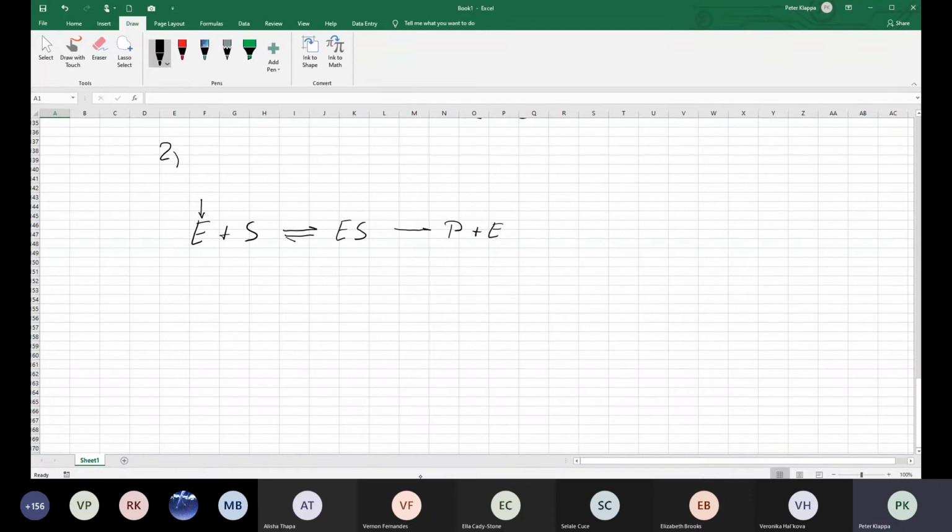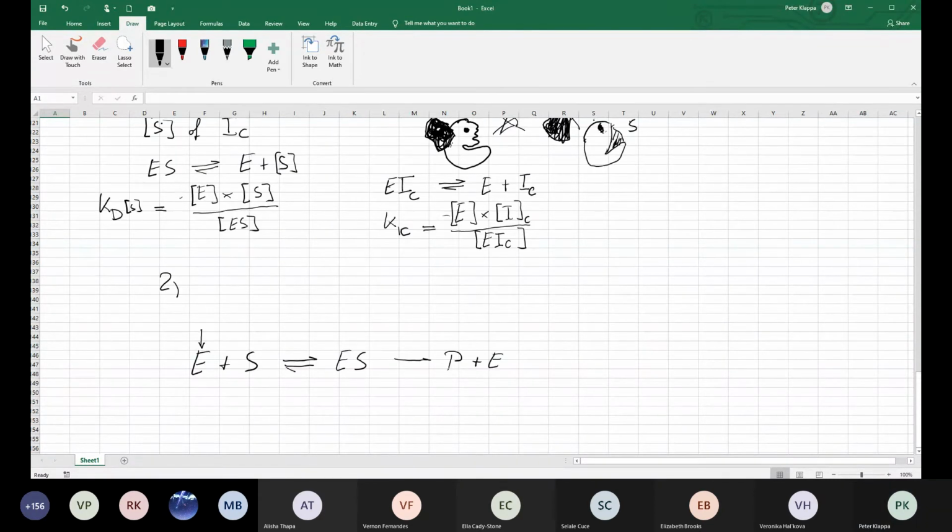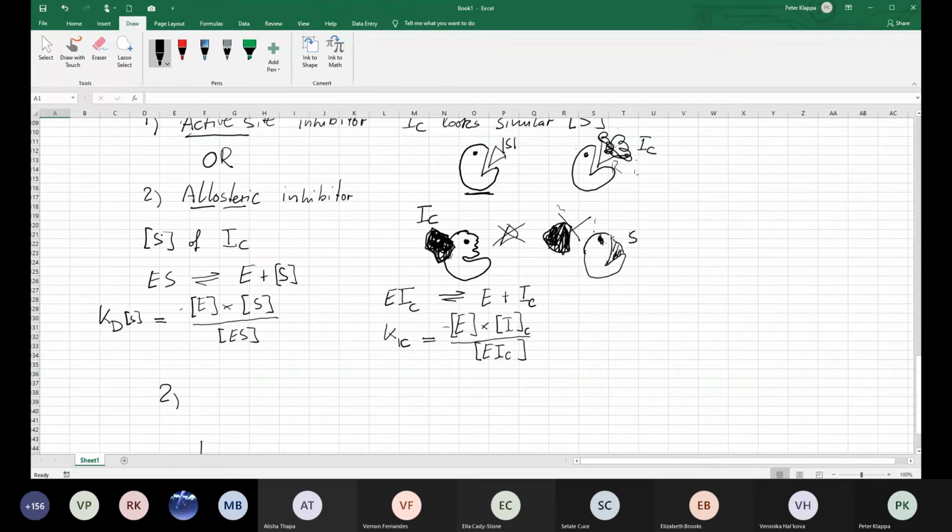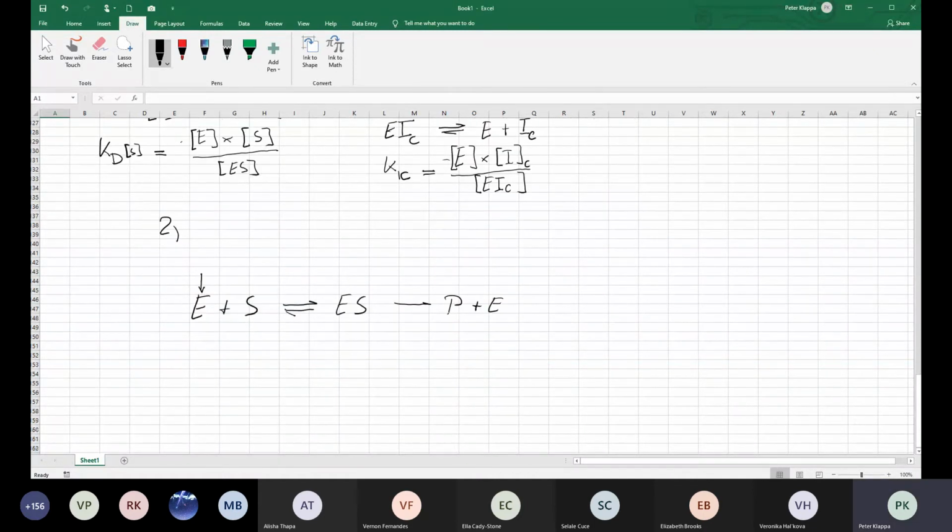Where else could the inhibitor bind? Substrate and product are exempt. Yes, absolutely right. Both of you are right. The inhibitor can bind exclusively to the enzyme substrate complex.